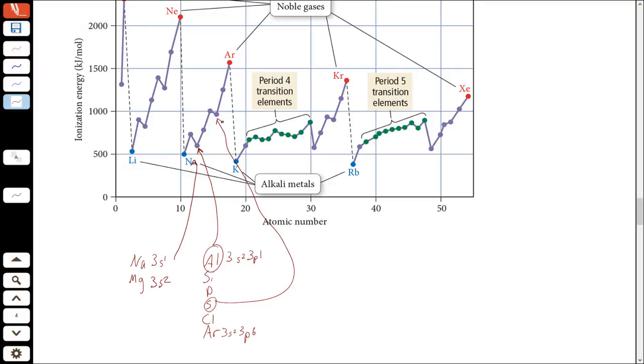And so then it's going to be a little bit lower in energy than we would expect. So it's a little bit easier to remove that fourth p electron than maybe is expected, because you have that extra pairing energy to contend with.